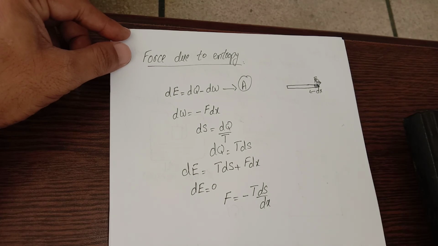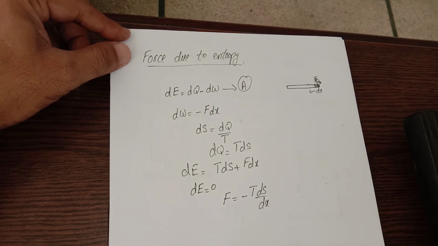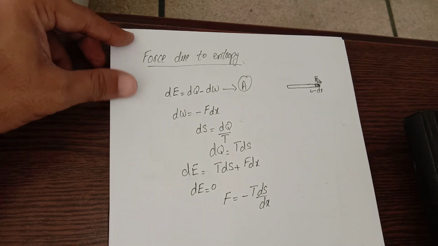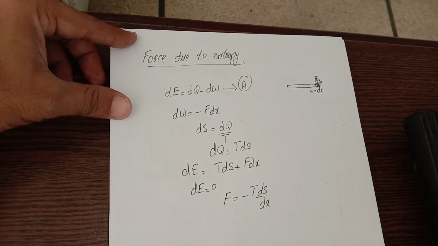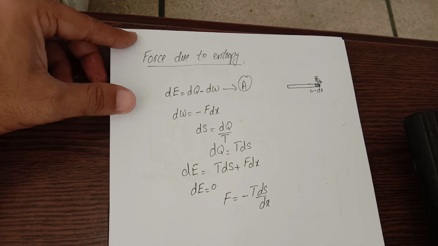Rubber consists of cross-linked polymer chains, and when we stretch the rubber, the disorder of the molecules decreases as they begin to align themselves. So as they align themselves, their disorder decreases, so it means that the entropy of these chain molecules decreases, and we feel this change in entropy in our hand.